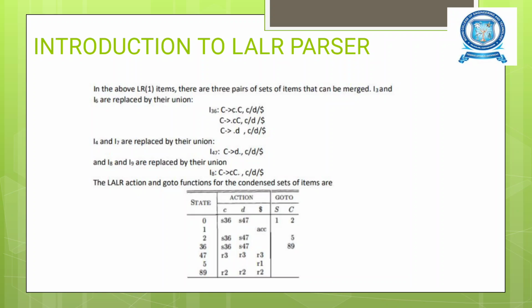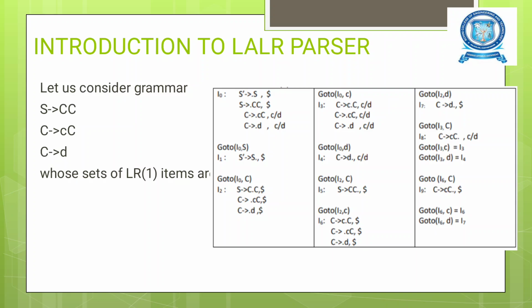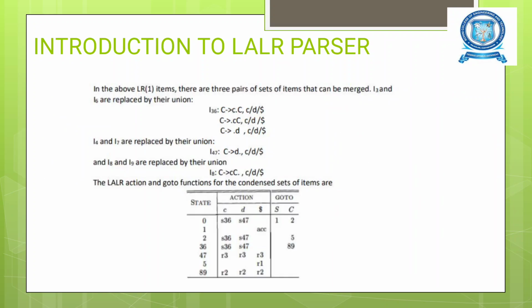Here, items 3 and 6 have the same first component, and only the second component differs in these two items. So in the LALR parser we can combine I3 and I6 into the same state, and the second components are merged.